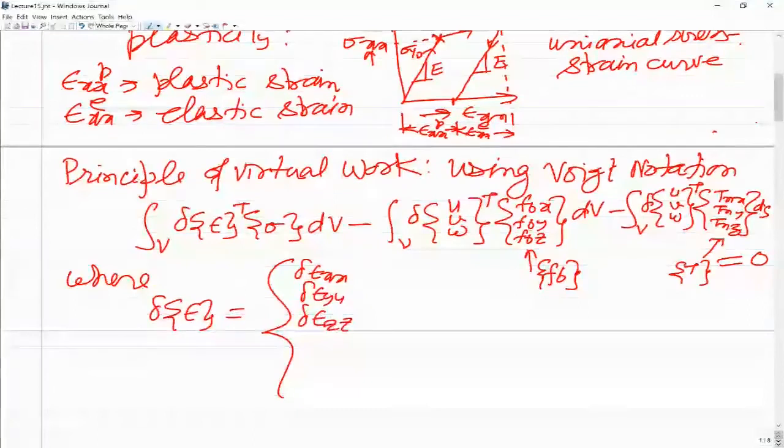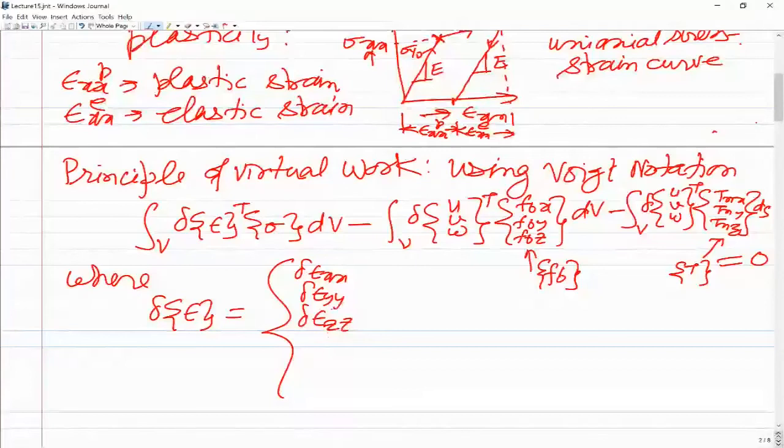So delta of epsilon is delta epsilon xx, delta epsilon yy, delta epsilon zz, and the engineering shear strains. I am using engineering shear strains, or you can write twice the tensorial component of shear strain. So delta of gamma xy, delta of gamma yz, and delta of gamma zx.